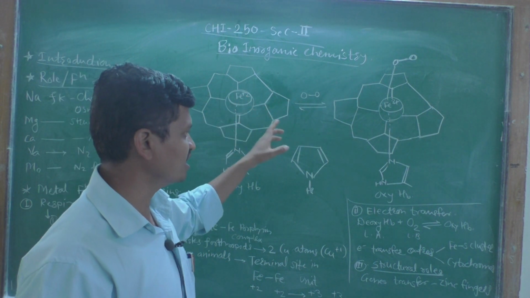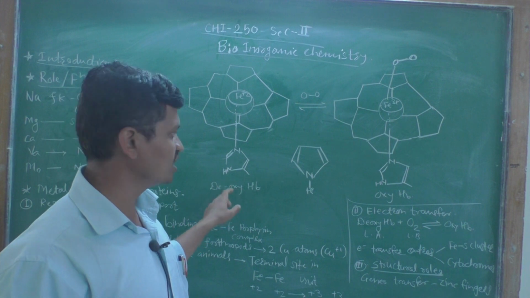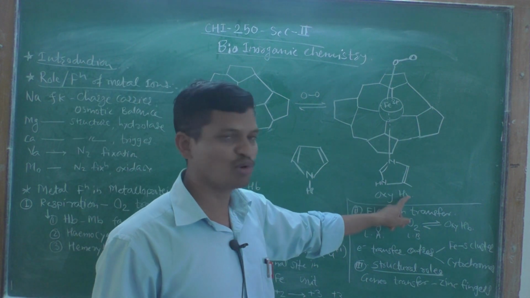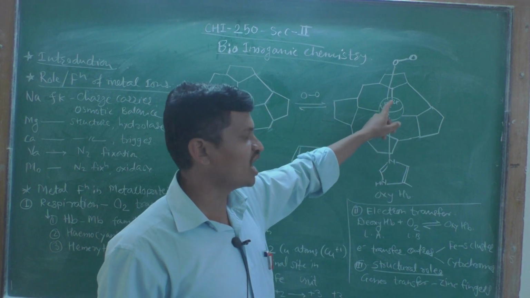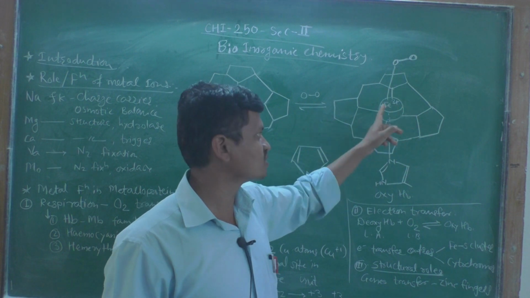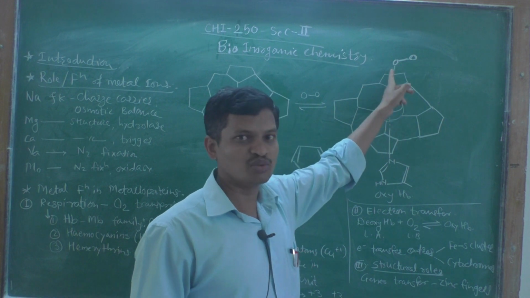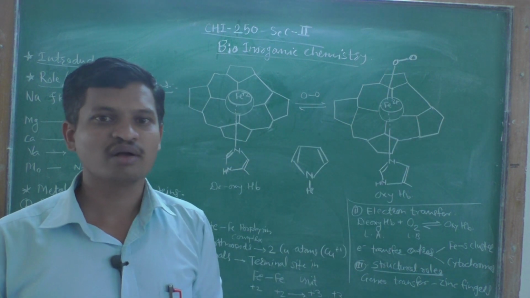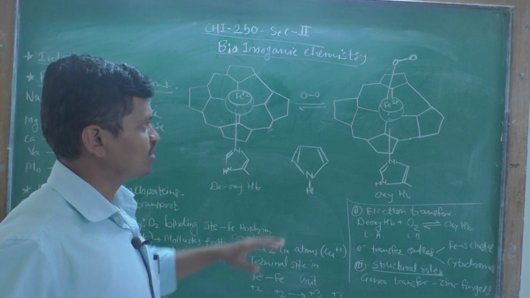From deoxy, where D means there is no oxygen, it is converted to oxyhemoglobin, in which the iron is in the +3 oxidation state. Here the O2 molecule is bound to the central iron, the Fe3+ ion.